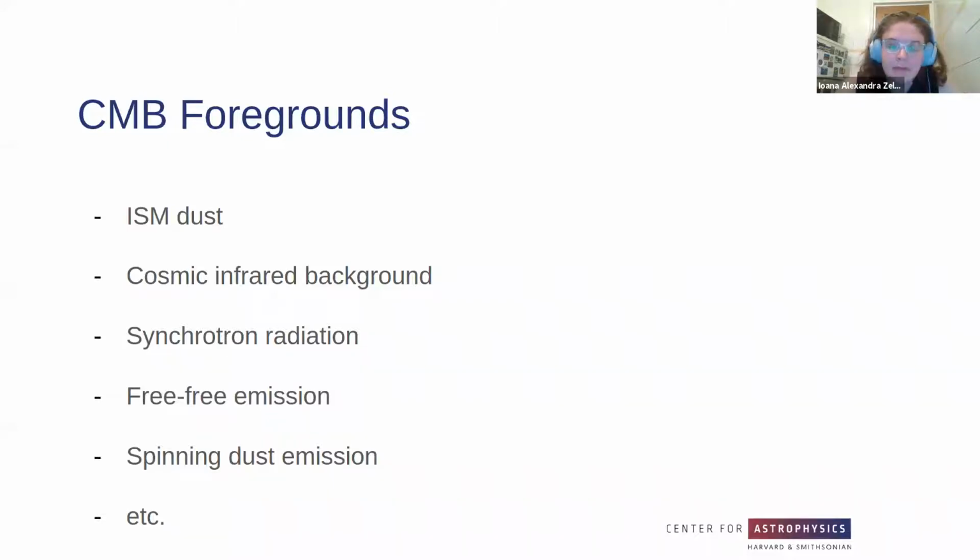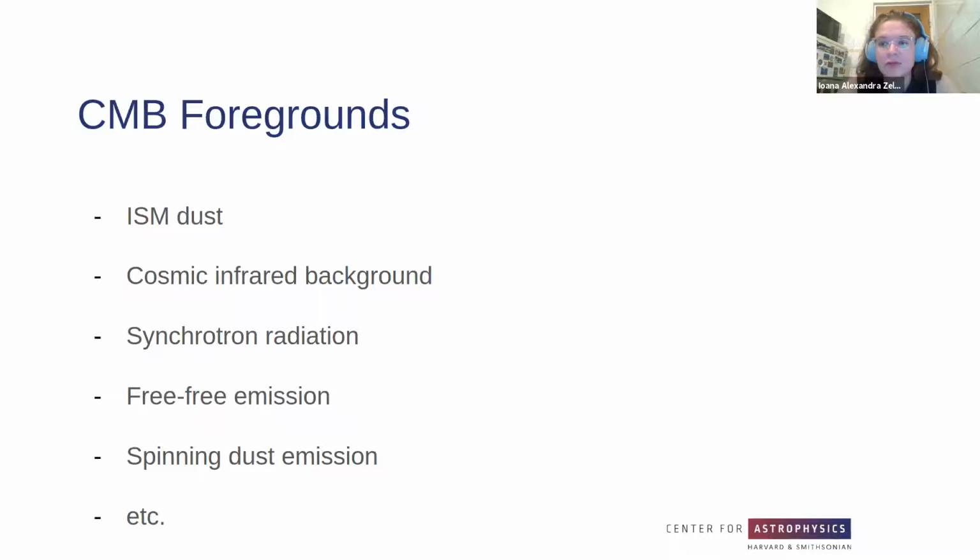And also we have dust in other galaxies as well. And the total collection of radiation coming from dust in other galaxies is called the cosmic infrared background. So this is just dust in other galaxies radiating thermally, and it gets redshifted based on the position of the galaxy, and then it reaches us.